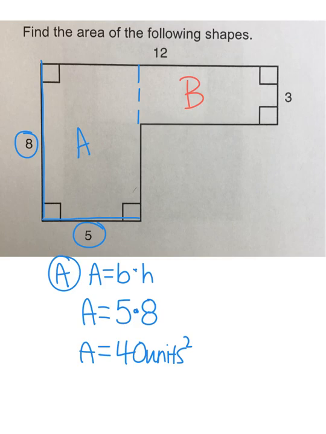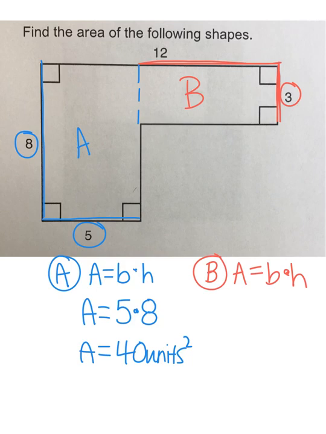Let's look at B. B is also a rectangle, so my formula for area is base times height again. Now this one's a little bit trickier. We have our height, 3, but up top we're looking for our base.